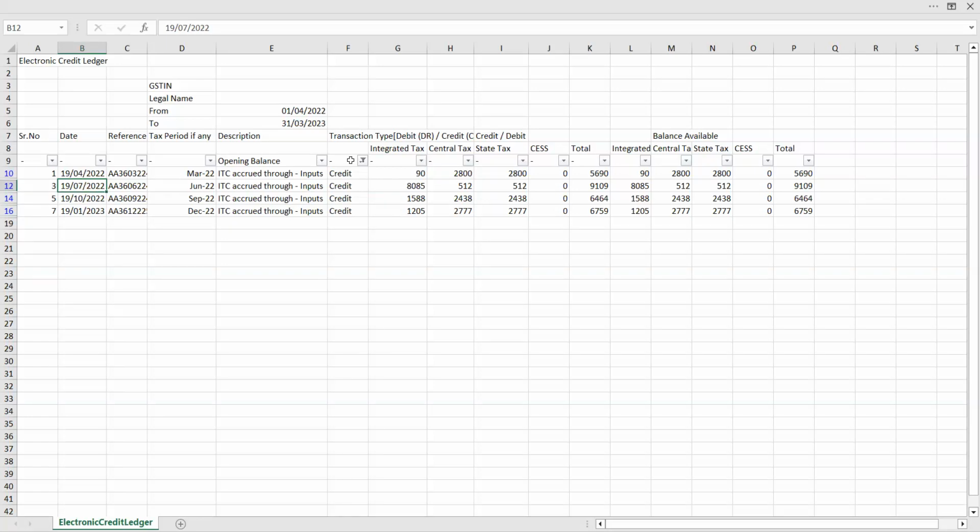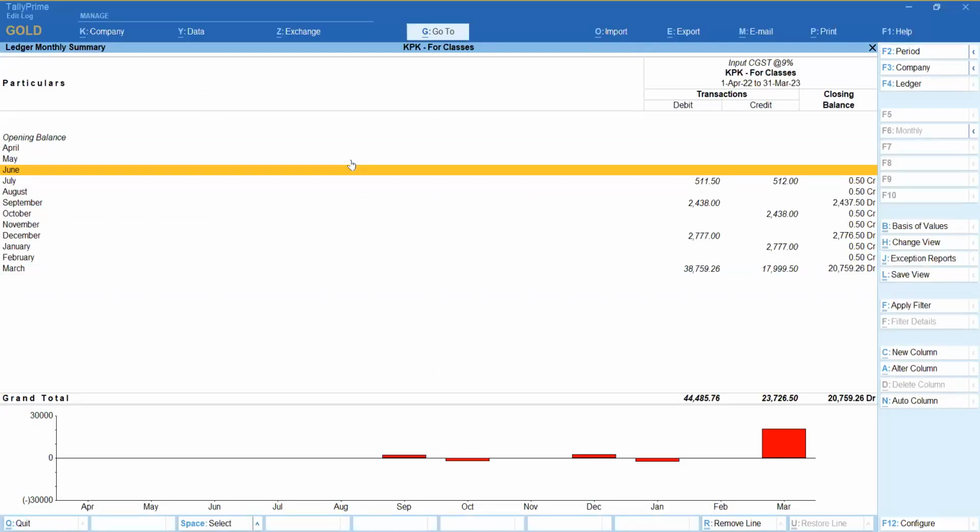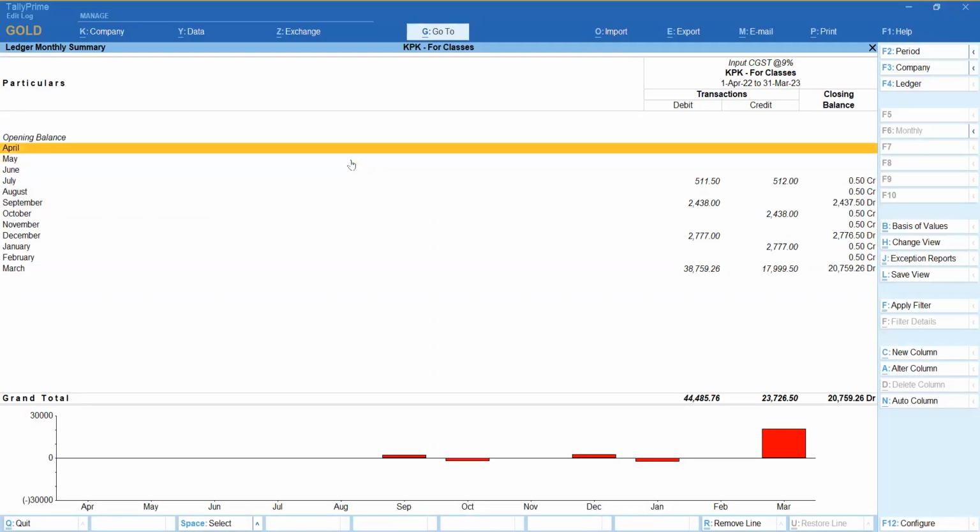On 19th July, we file 3B of June, right? So where we claim input credit, correct?